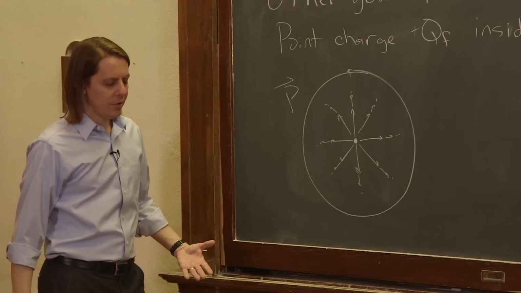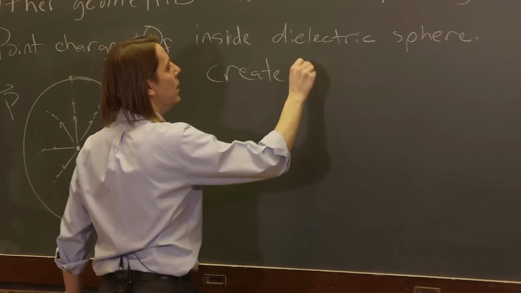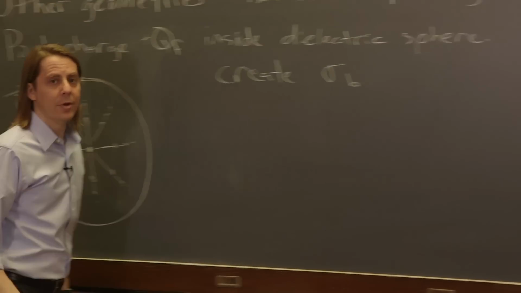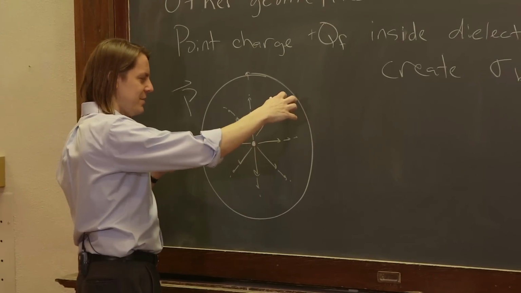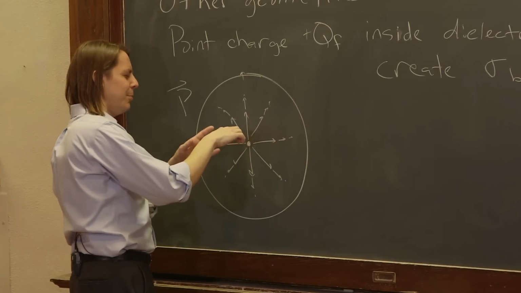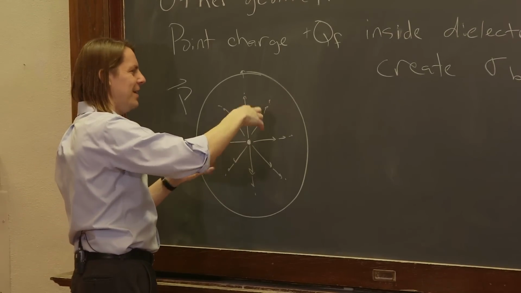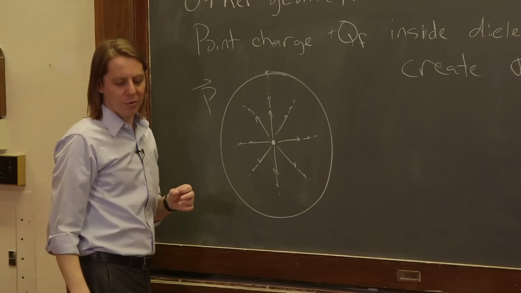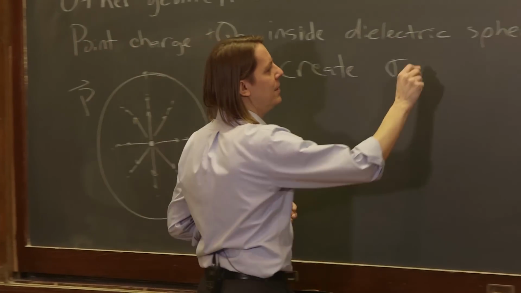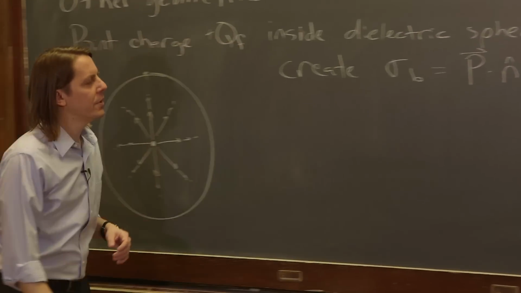So what's that going to do? First, it's going to create sigma B, right? If this thing is pulling negative charge, sucking it towards the positive, if the positive charge of Q free is sucking a lot of the electron clouds in, it's going to leave the outer part positive. It's going to leave a charge density on the surface. And we know the formula for that is P dot n hat.